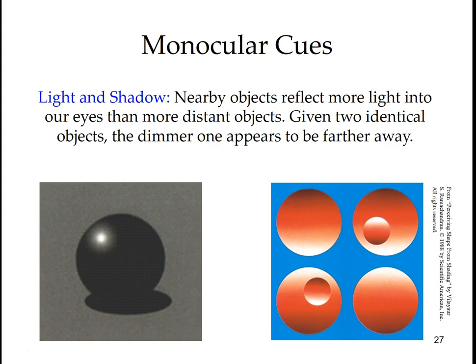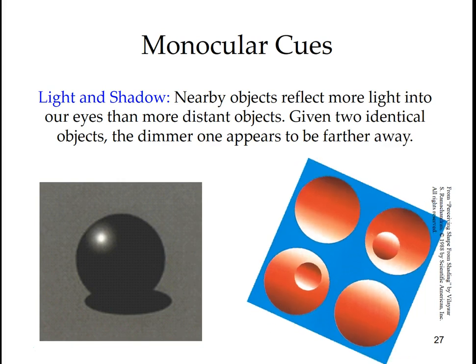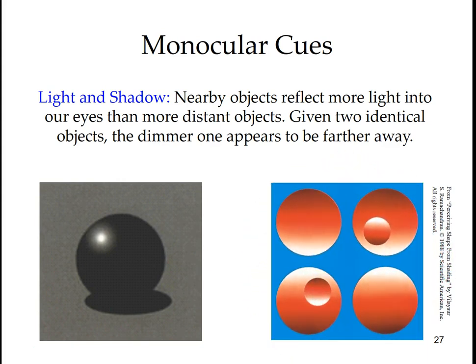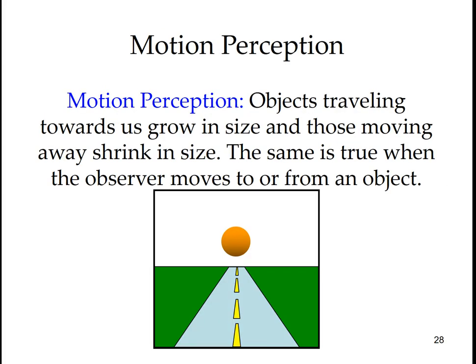Light and shadow: nearby objects reflect more light into our eyes than more distant objects. Given two identical objects, the dimmer one appears to be farther away. Motion perception: objects traveling towards us grow in size, and those moving away shrink in size.